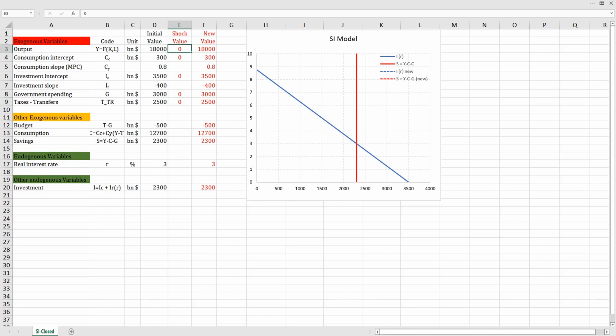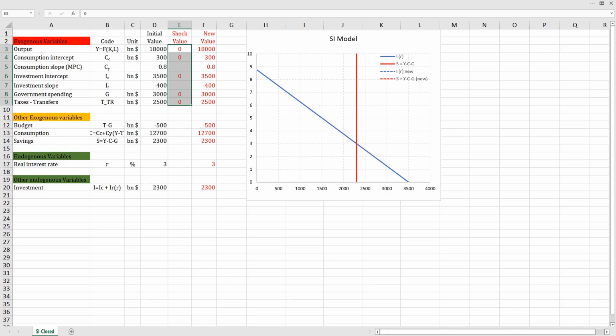And of course we can also think about a shock to the total output coming from labor and capital. So these are the potential avenues where a shock can come from, and we would like to see how it's going to affect our equilibrium in a very precise way using exact numbers.